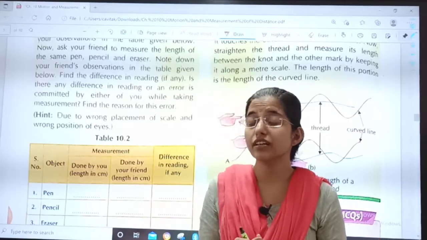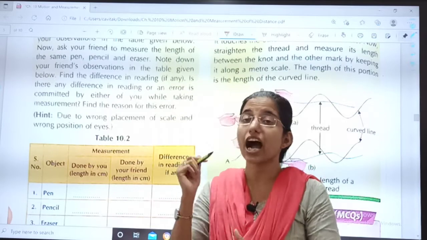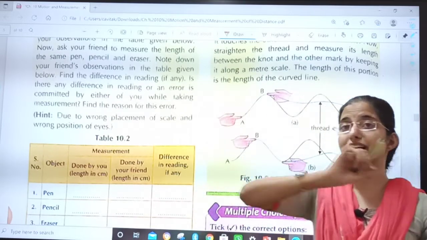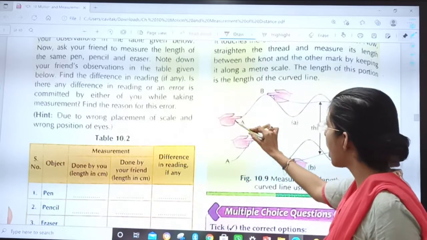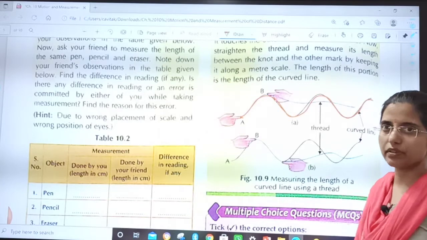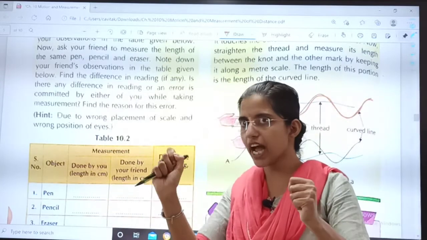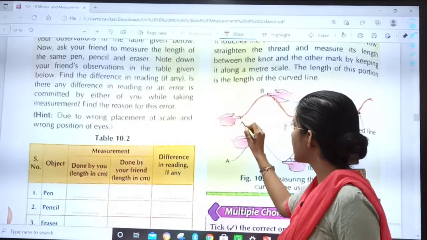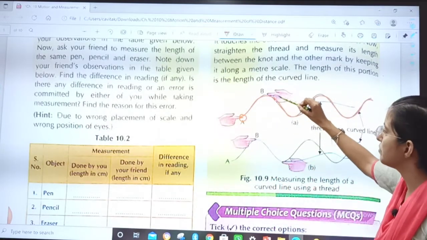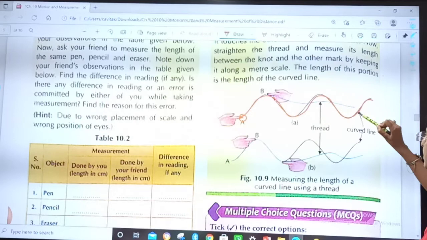Now children, we will learn a very interesting thing, that is how to measure a curved line. We have measured many straight lines. Now how will you measure a curved line like this? It's very simple. Take a thread, tie a knot, and put that knot at the starting point here. Then put the thread here like this, like this, like this.